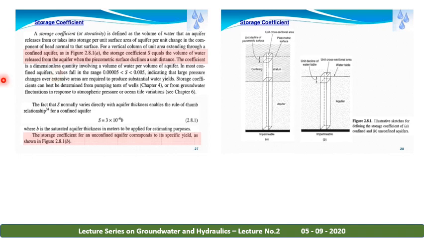It is also called storability. The storage coefficient is the volume of water released from storage per unit decline in hydraulic head in the aquifer per unit area of the aquifer. Storability is a dimensionless quantity and always greater than 0.